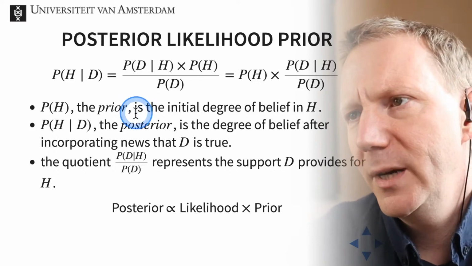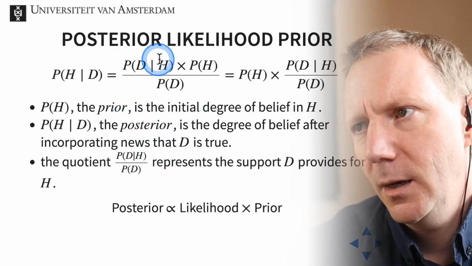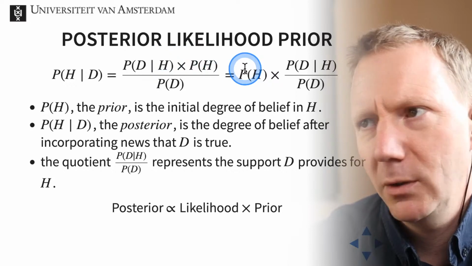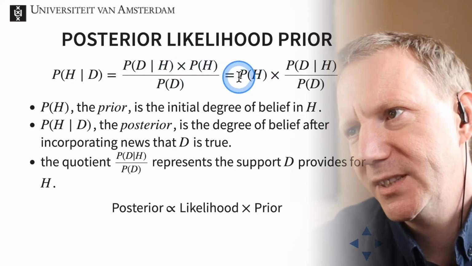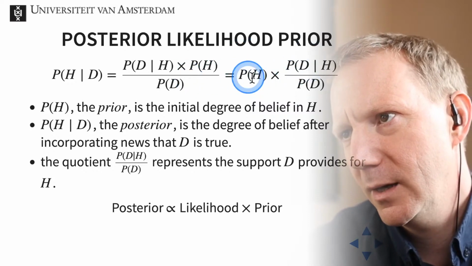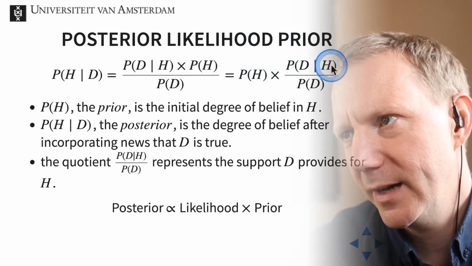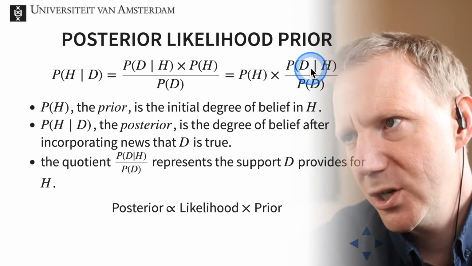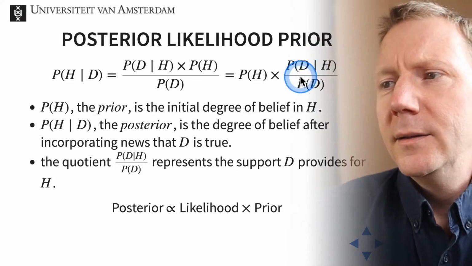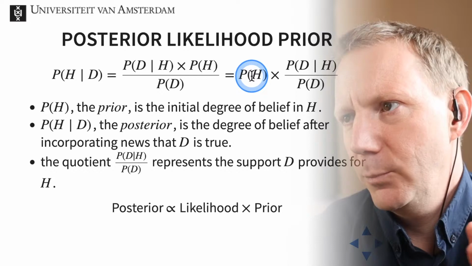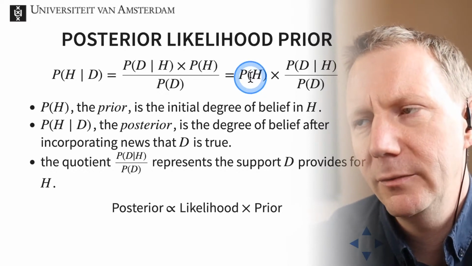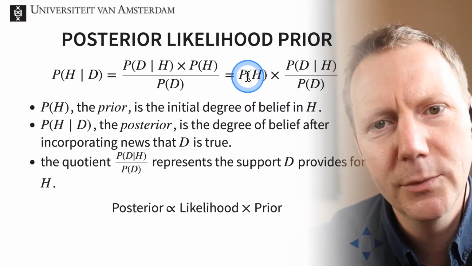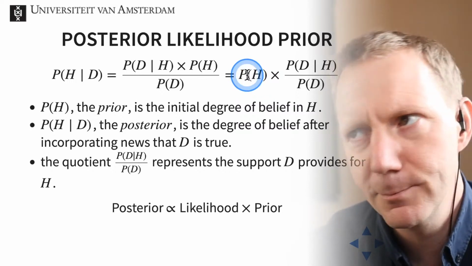So if we rewrite this function, which is totally legit, we're just putting the probability of the hypothesis outside and multiplying this by this ratio. Then you can point to this part and say, this is my prior belief of the prevalence of corona, 20%.